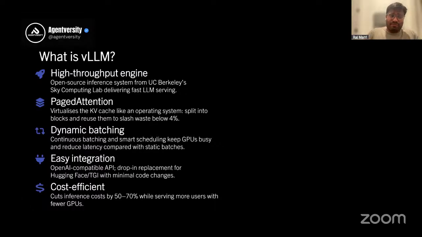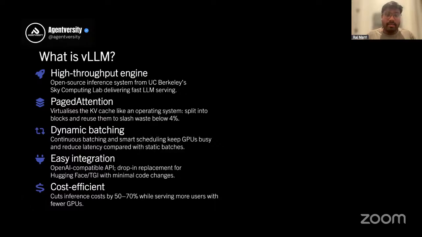It virtualizes the KV cache like an operating system, split into different blocks. So now you have a huge KV cache. If you're just storing this huge KV cache in one GPU, you're completely blocking that GPU, because the whole GPU has to work to address just one request.